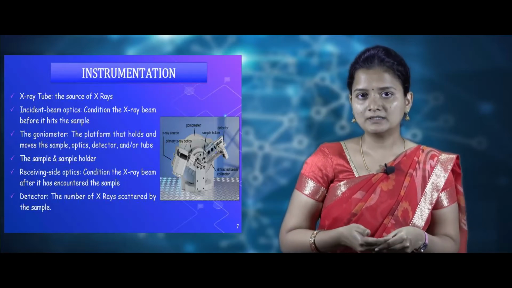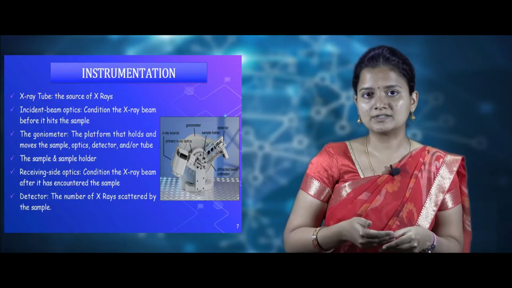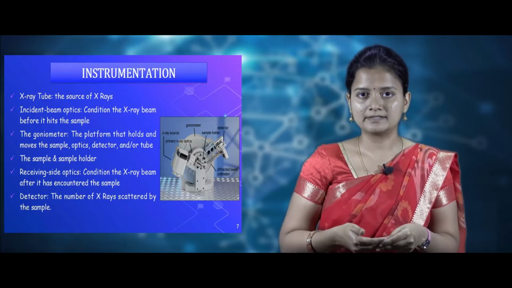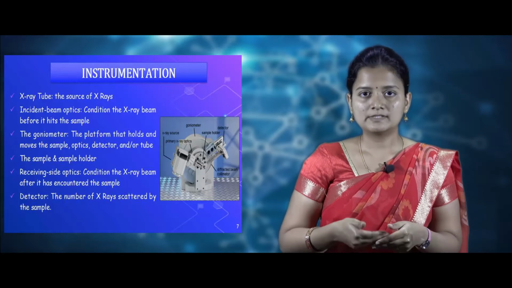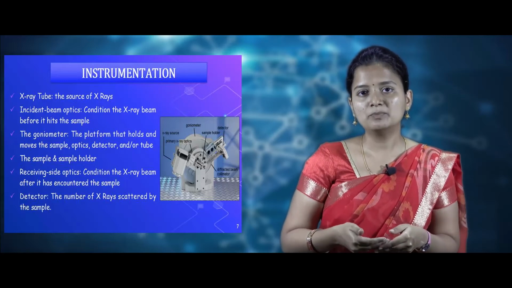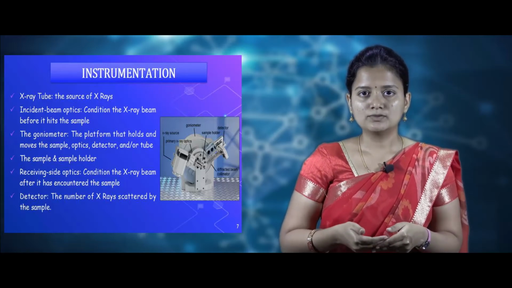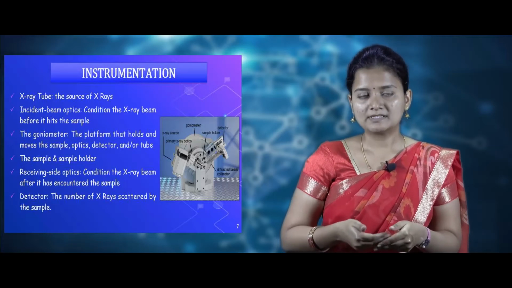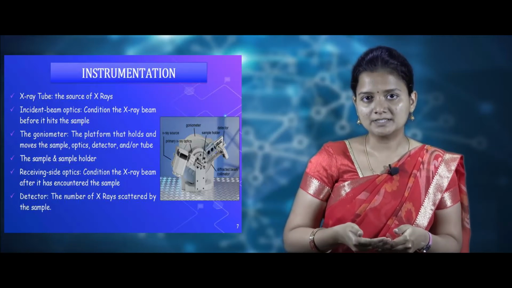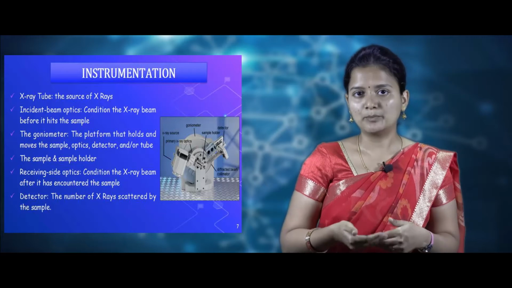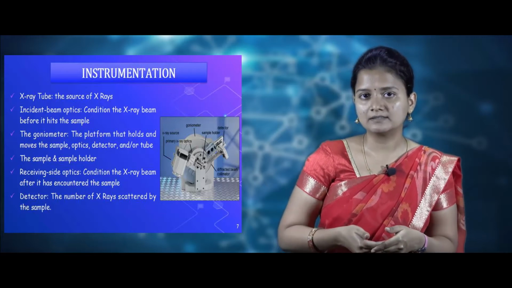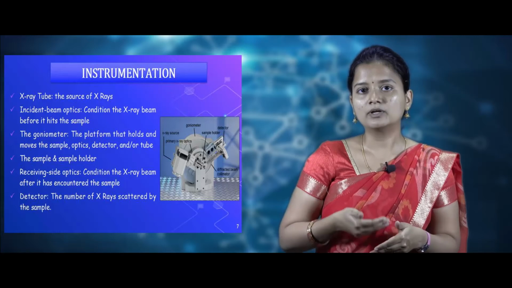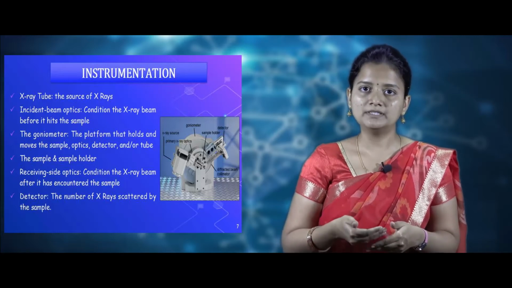The goniometer is the platform which holds the crystal, and also the sample, optics and detectors. The sample for X-ray crystallography should be in powdered form, and its size must be less than 10 millimeter. If the size is more than 10 millimeter, then the crystal structure will not be appropriate. Finally, the detector: the number of X-rays scattered by the crystal can be determined with the help of the detector.